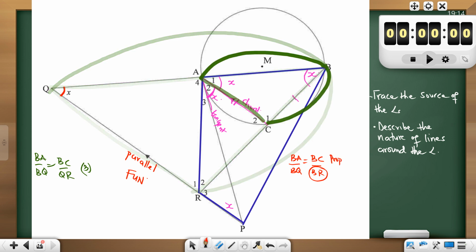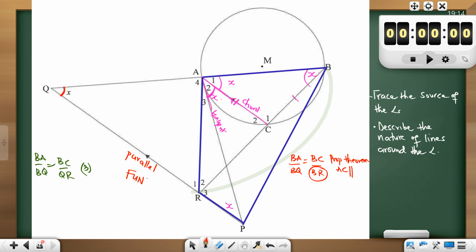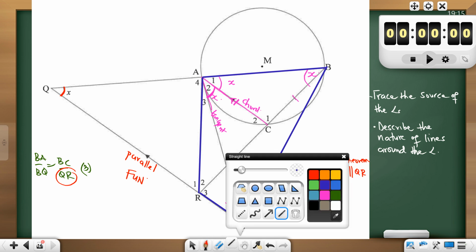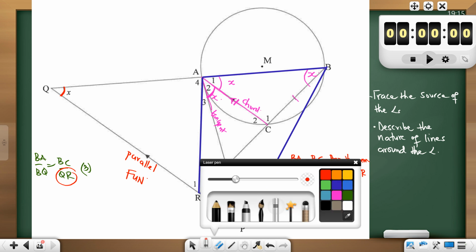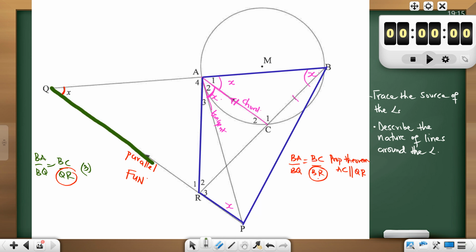What is this? Prop theorem. Which lines are parallel? AC parallel to what? QR. So my problem is BR. If I compare it with the question, examiner is telling me that BR is the same as QR. Go and look at the lines and find a reason for those two to be equal. BR and QR. That's my QR and that's my B. Oh, beautiful.